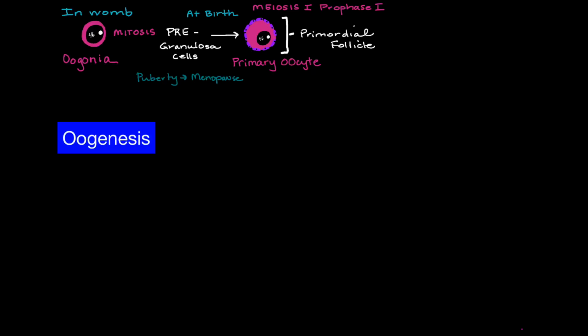Once a female hits puberty and the hormone levels start changing, by this I mean every month we're going to see changes specifically in this hormone called FSH. It's the same hormone that we saw playing a role in spermatogenesis. It's follicle stimulating hormone. It stimulates the follicle to grow. So what does that mean?